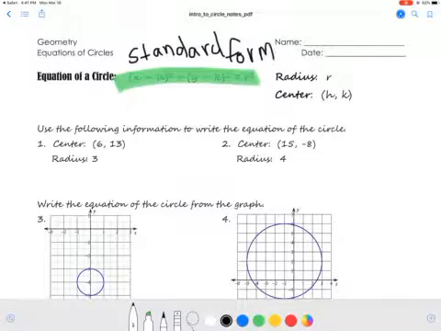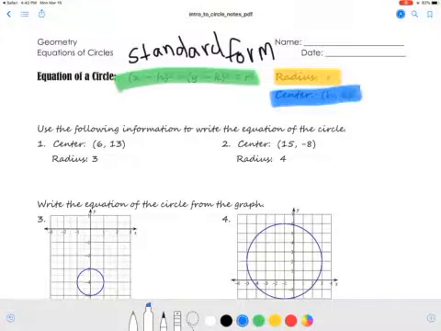Okay? So (x − h)² + (y − k)² = r². r stands for the radius. That probably is what you guessed, I would hope. And then my center is (h, k). So if you can imagine a picture of a circle, which I'll draw right here.